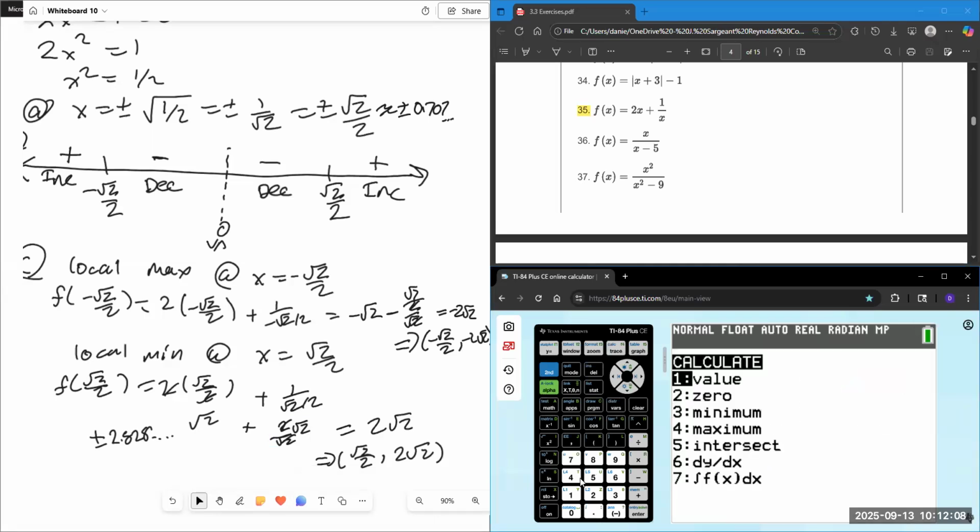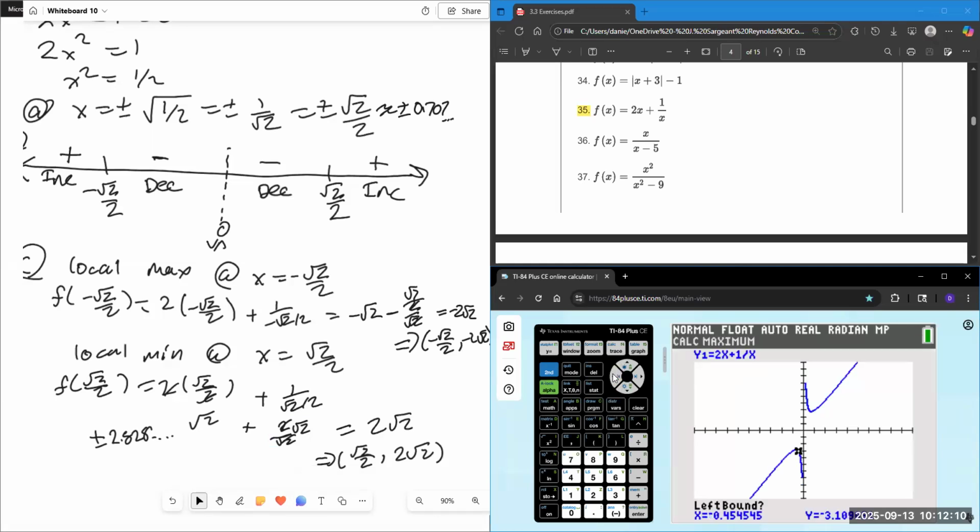Let's calculate that maximum first since it happens to the left. So to the left of it, and then to the right of it, we hit enter, and then we come back somewhere close to it and hit enter. And there's our 0.707 something, something, something, that's root 2 over 2. And there's our negative 2.828 something, something, something, that's our negative 2 root 2.